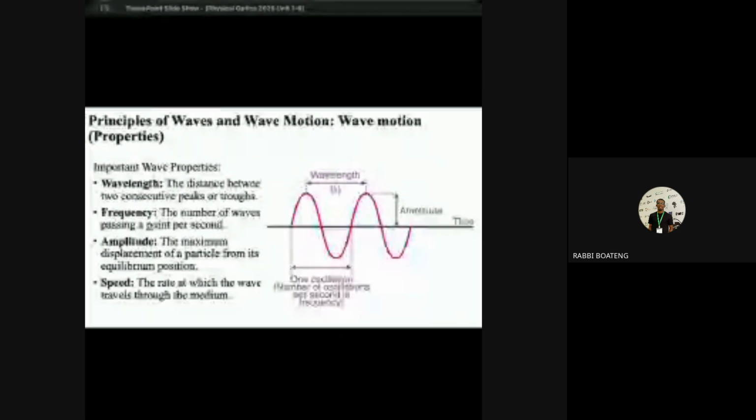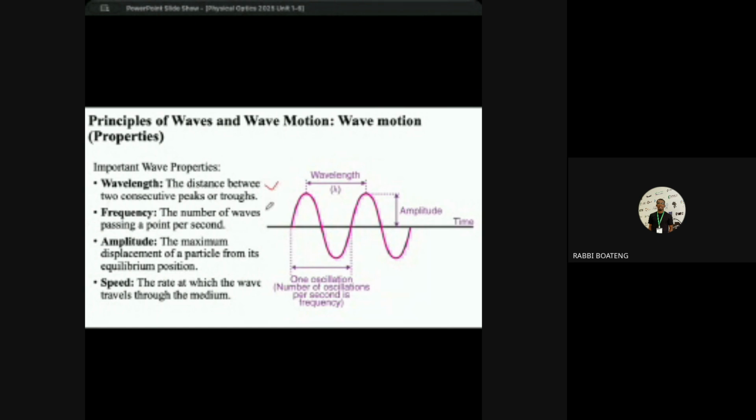Okay, now let's look at something here. Very, very important. Now, we can also categorize some properties that we will get from waves. And I told you that there's a level of repetitive patterns going on, the periodicity of it. So it generates some properties. One particular property is the wavelength.